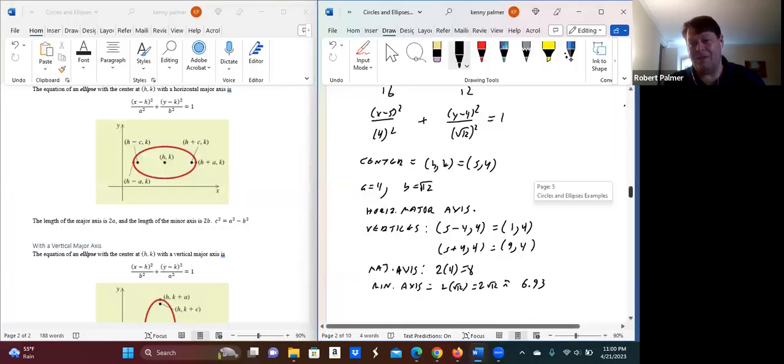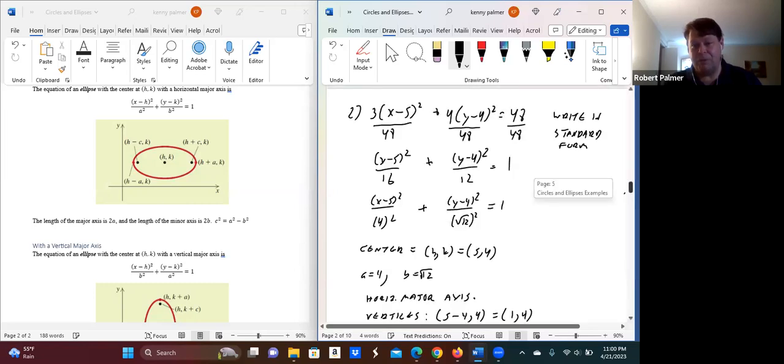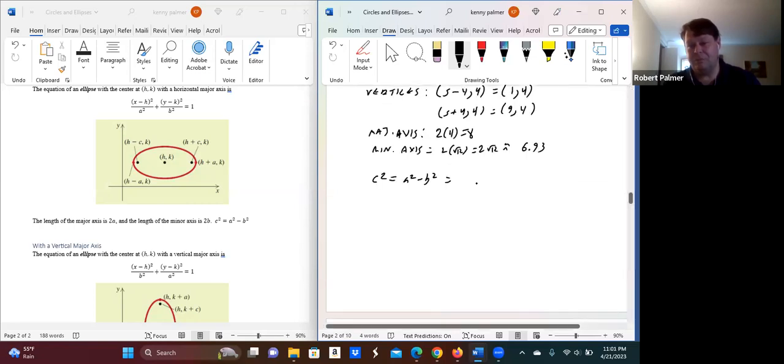That's the approximate length of our minor axis. Now, we also need to find our foci. So c squared is equal to a squared minus b squared. We know what a squared and b squared are. They're these numbers right here. That's going to be 16 minus 12, and that's going to be 4.